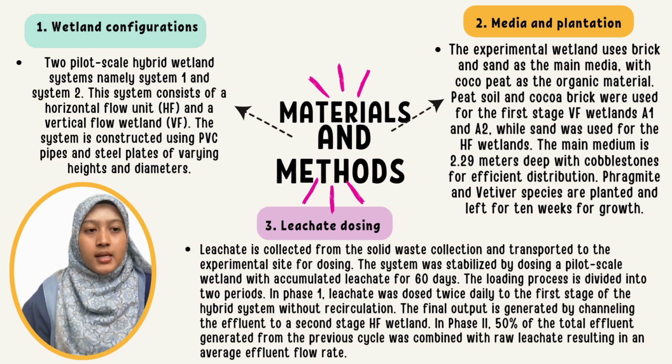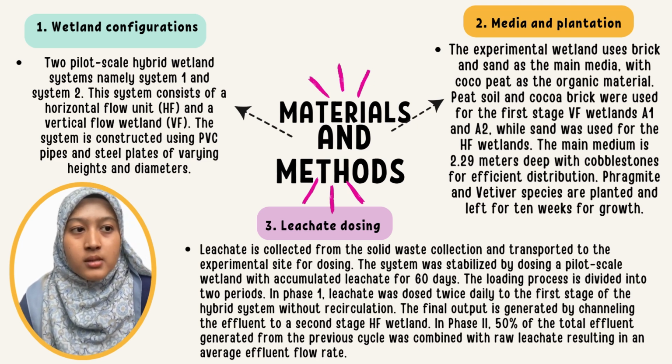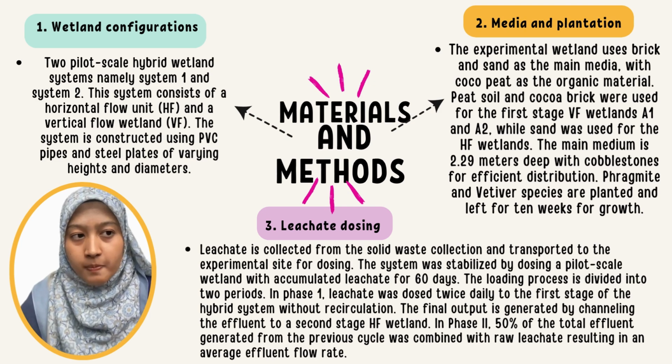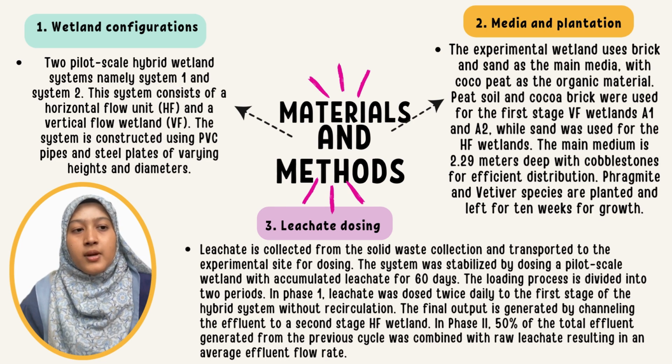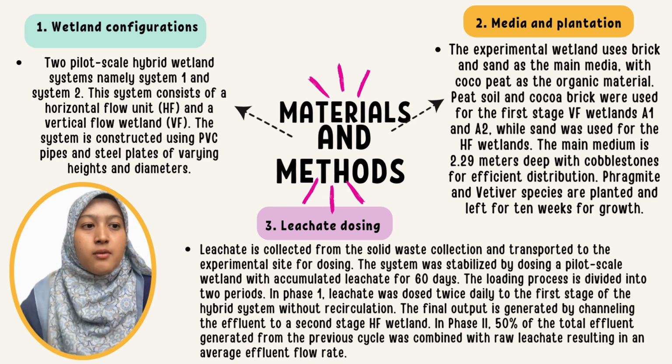The main media is 2.29 meters deep with cobblestone for efficient distribution. Phragmites and vetiver species are planted and left for 10 weeks for growth.